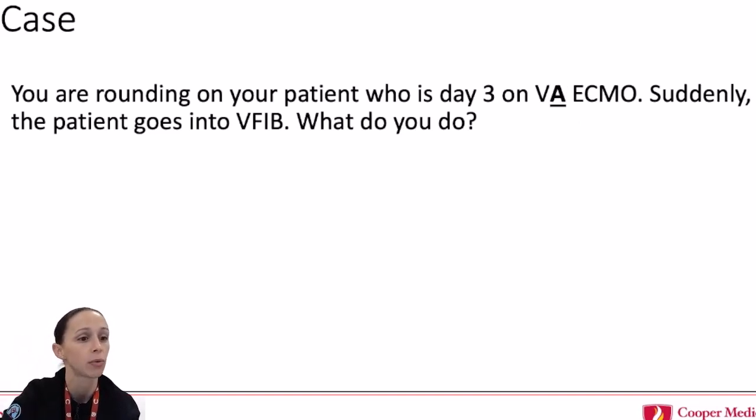Do CPR, run your ACLS, so you're still going to want to defibrillate this patient. You want to get them out of VFib, give amiodarone, do all of the things you normally would. With respect to the circuit flow itself, you would absolutely do chest compressions, but that increased pressure can be transmitted to the abdomen. It might affect your ability to keep your flow at the same level it is.